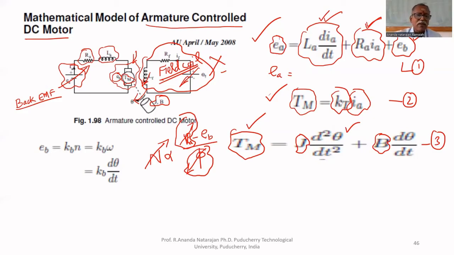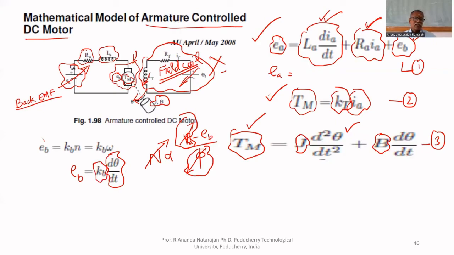But we know the back EMF. How is back EMF generated? A coil is rotating in the magnetic field. That's why there is an EMF induced. That EMF opposes the applied voltage, Lenz's law. So it is proportional to the speed of that armature. Back EMF is proportional to speed d theta by dt. If you make it equal, you multiply by kb.